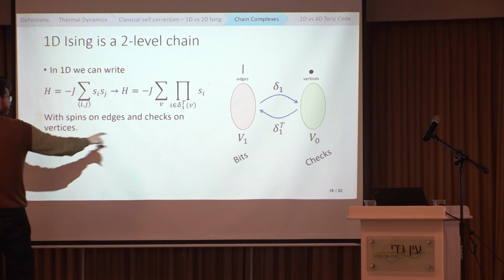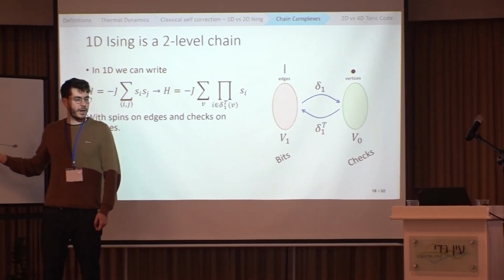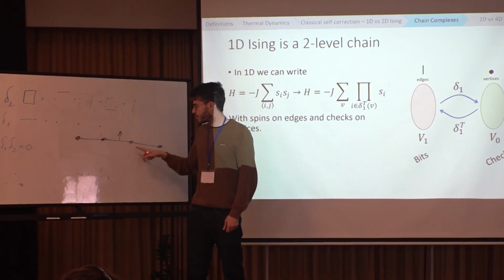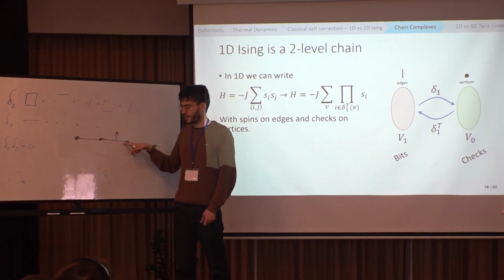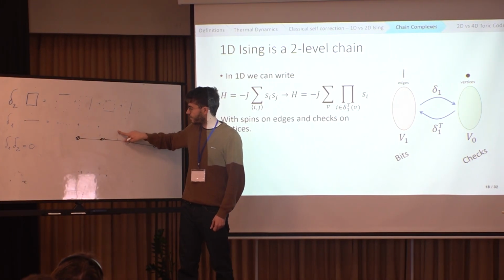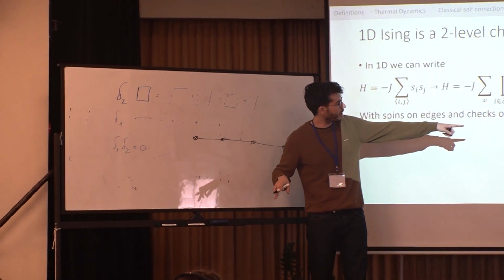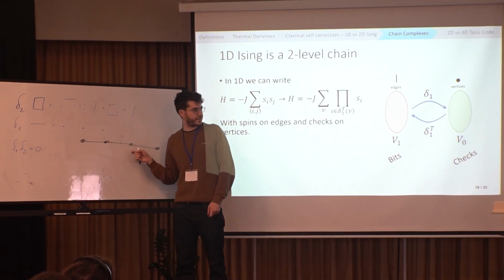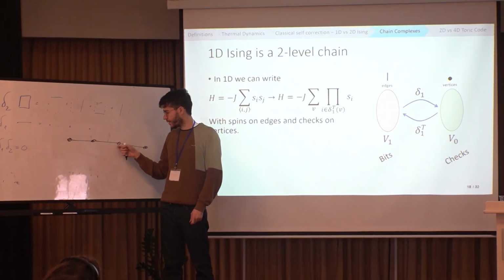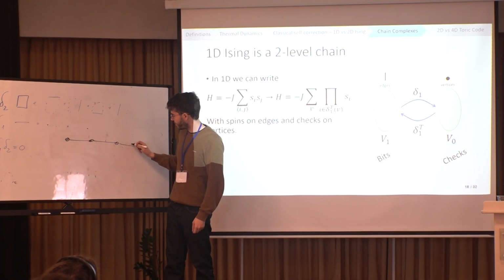So if we have a bit on an edge, delta 1 gives us the two vertices that touch this spin. But now if we ask about a check which lives on a vertex, and we ask what spins touch this check, this is given by delta 1 T. It gives us this and this.